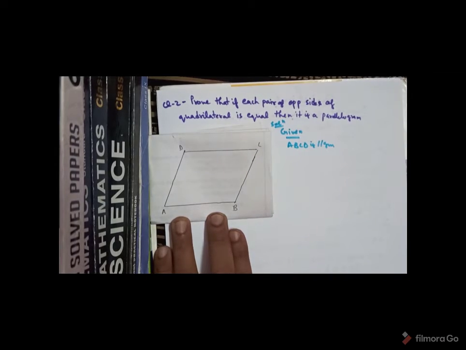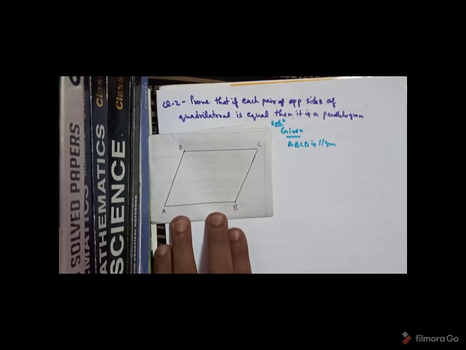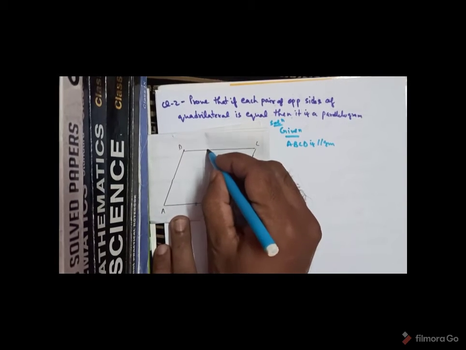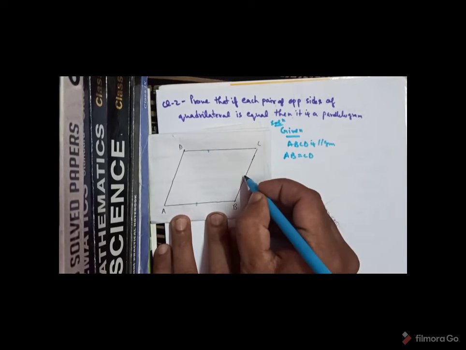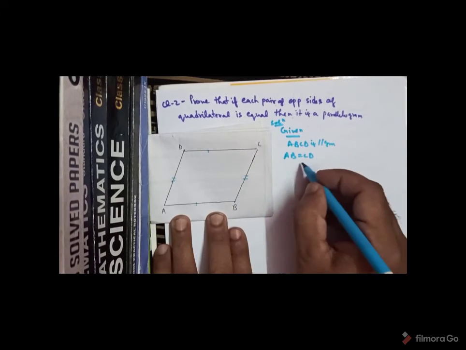Given that each pair of opposite sides is equal. That means AB is equal to CD and BC is equal to AD.